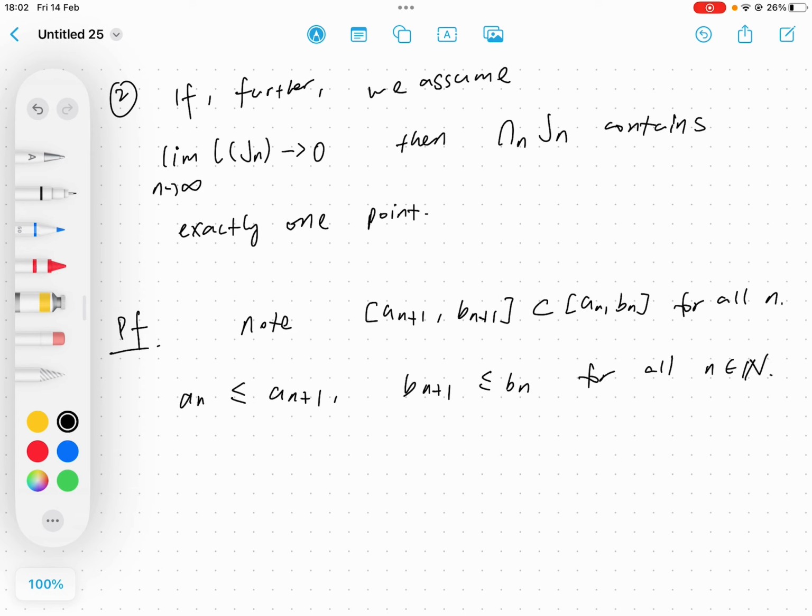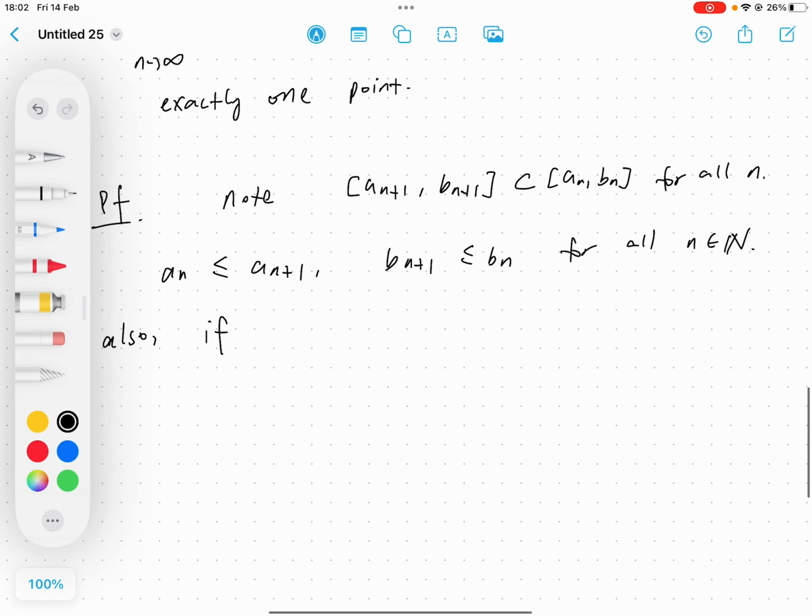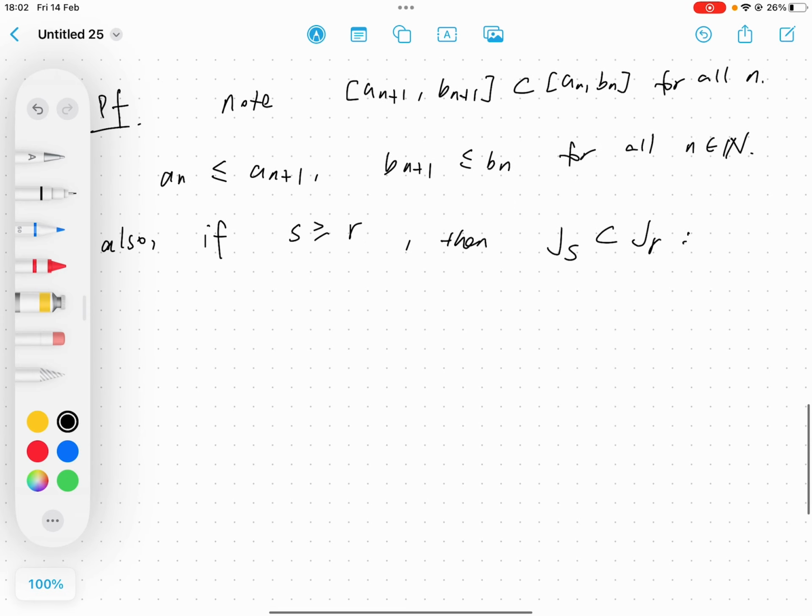And we're going to also observe that if we have some number s greater than or equal to r, then this Js is a subset of Jr. Okay, so let's write those in order.